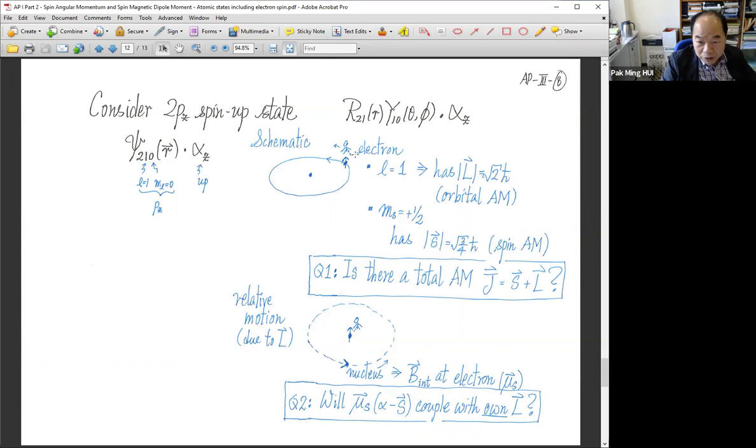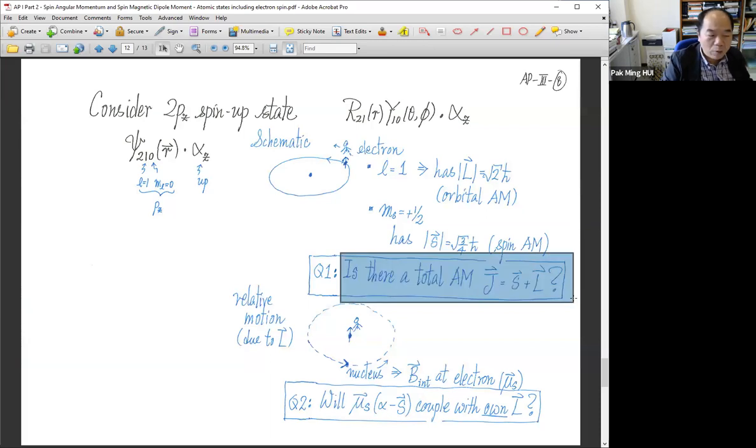Now think about the situation, the orbital part. The electron is orbiting around the nucleus, and itself also has a spin angular momentum. It is carrying two angular momenta, an L and an S. Question number 1. Does it make sense to think about a total angular momentum S plus L?